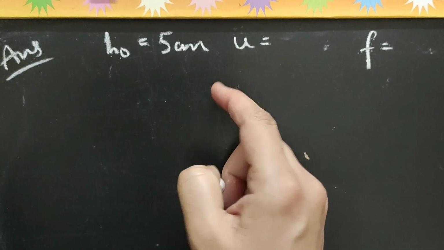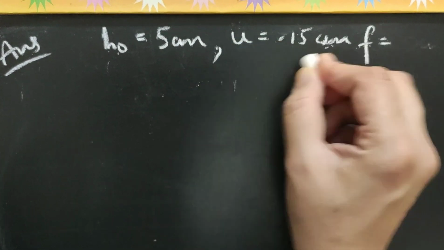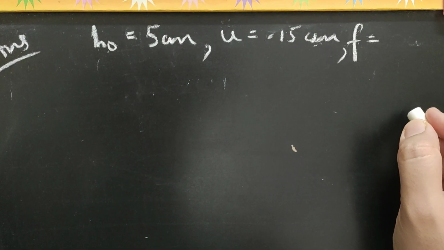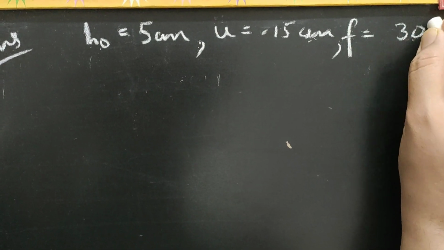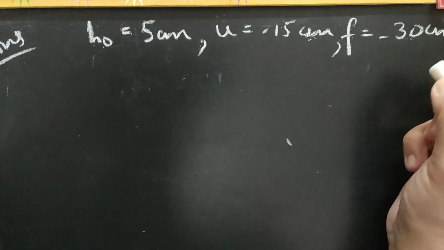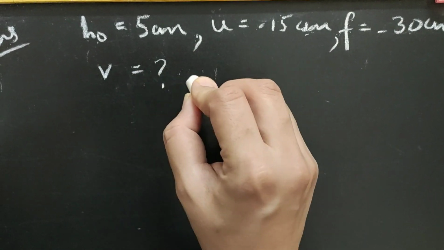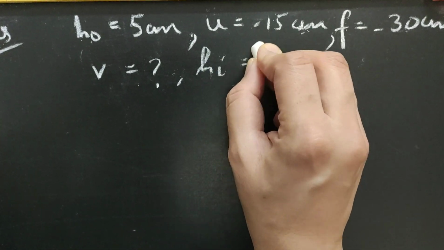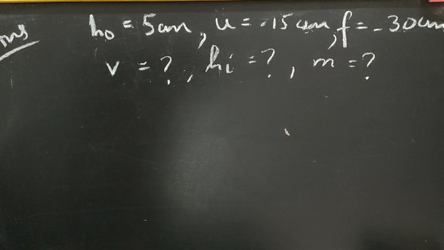The object is placed at 15 centimeter, so I take u as minus 15 centimeter. And the focal length of the diverging lens, diverging means concave lens, is given 30 centimeter. So remember, since it is a concave lens, diverging lens, focal length will also be negative. You have to find the position, nature and size of the image, and also you have to calculate the magnification. So these three quantities you have to calculate.